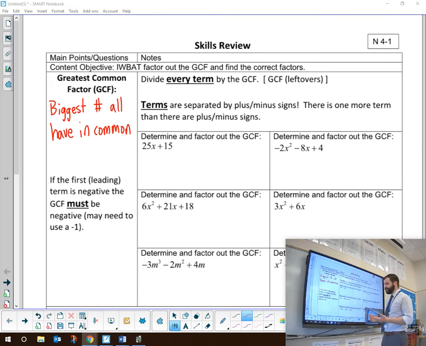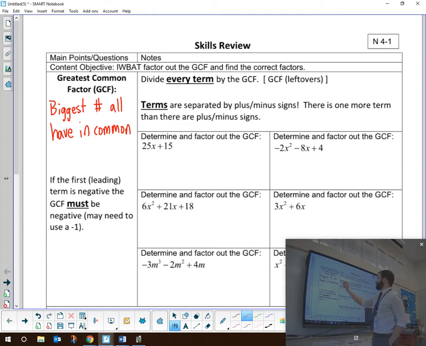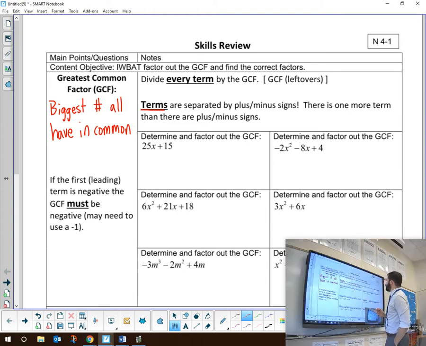So those are two really quick examples, but we're looking at GCFs in terms of our expressions here. First, let's talk about this word, terms. A term is separated by a plus or a minus sign.